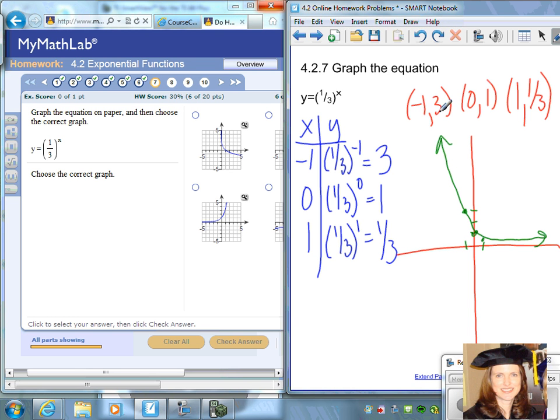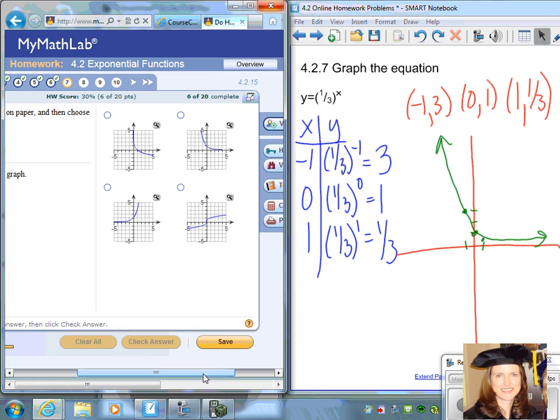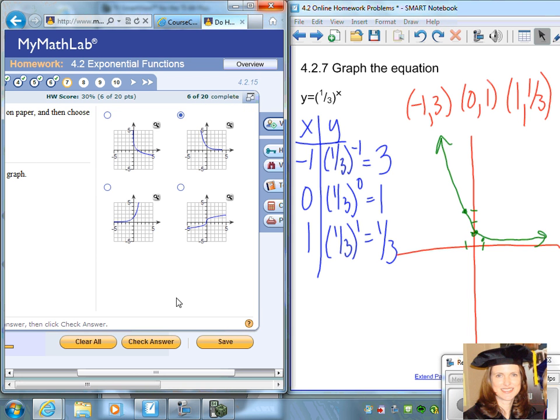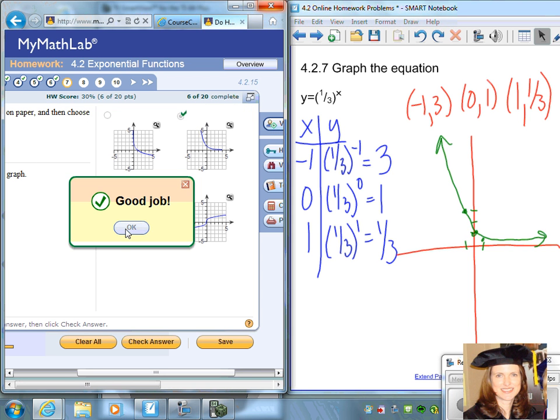So it starts off really high and will flatten out towards the x-axis. If you need to plot a few more points to confirm that, you can certainly do that. And it looks a lot like this choice here. Make your selection and check your answer.